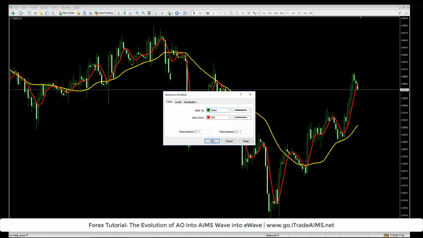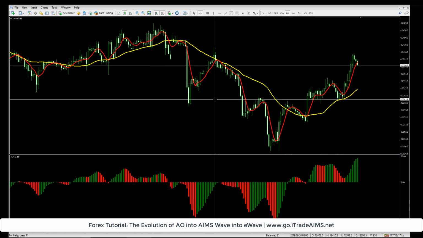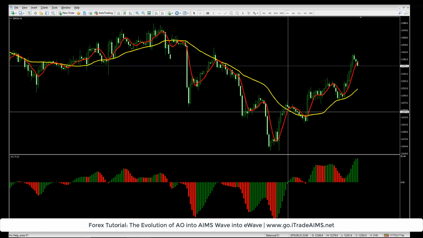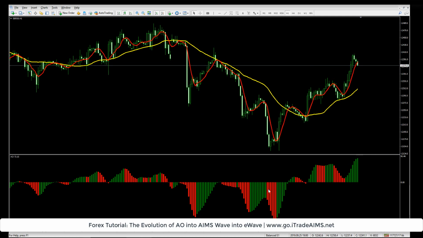It's the awesome oscillator. Now, every time the AO crosses the zero line, that actually indicates that the 5 moving average has crossed the 34 moving average. So is this oscillator really just the moving averages? That's not it. On the face of it, it is that. But underneath it, it actually shows the momentum of the market.